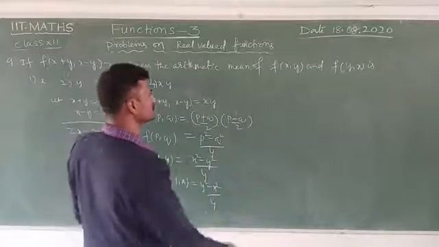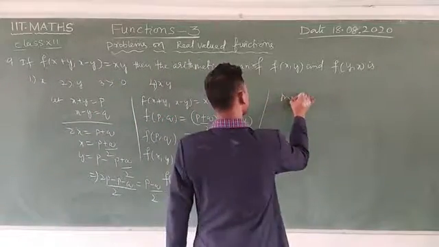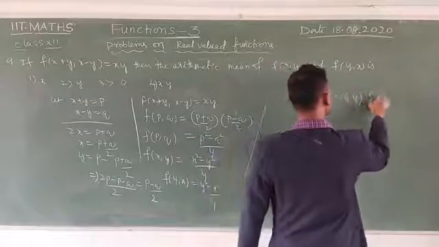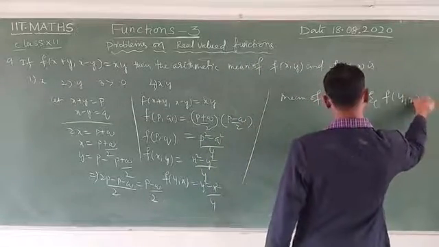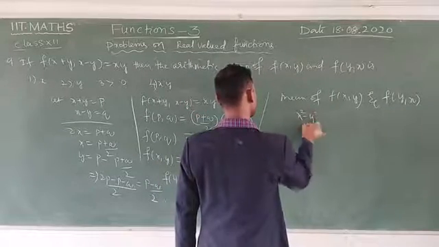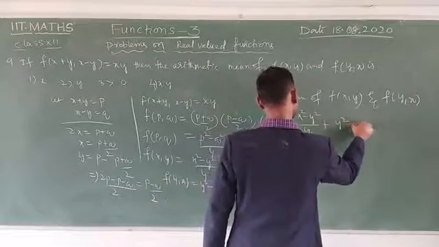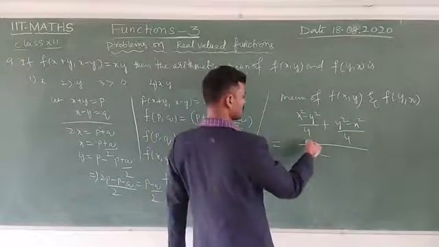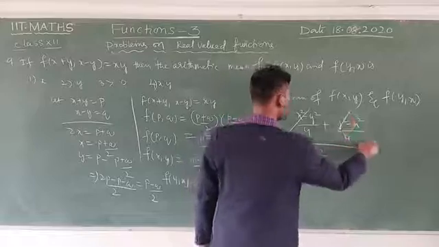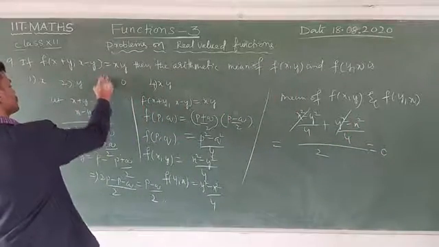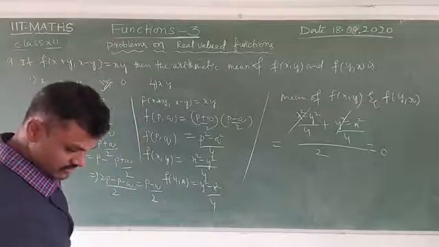Now you can take the mean of f of (x, y) and f of (y, x). Add these two and divide by 2: (x square minus y square by 4 plus y square minus x square by 4) whole by 2. Now see here, both terms cancel. It is equal to 0. Third option. Note down.